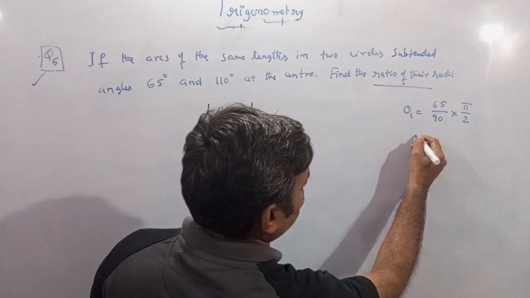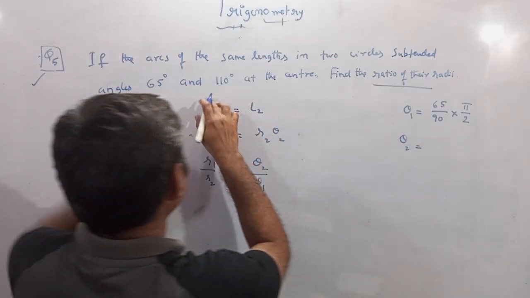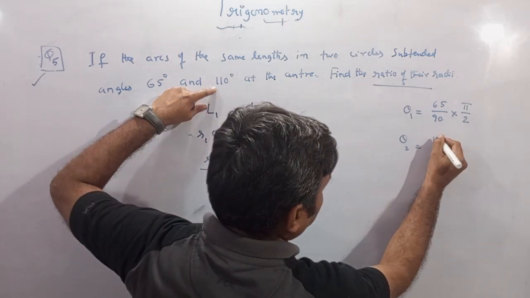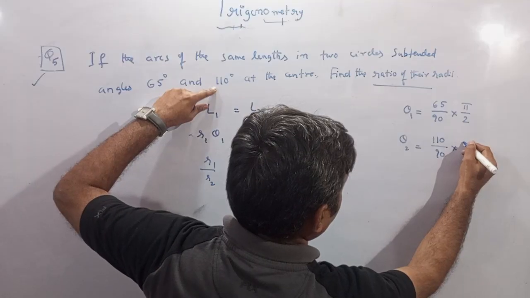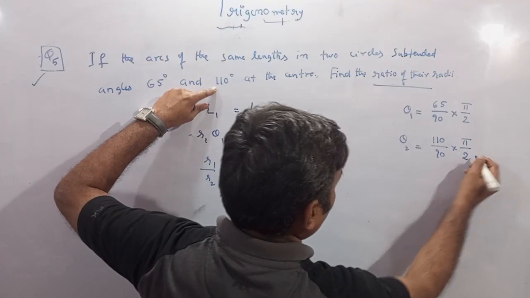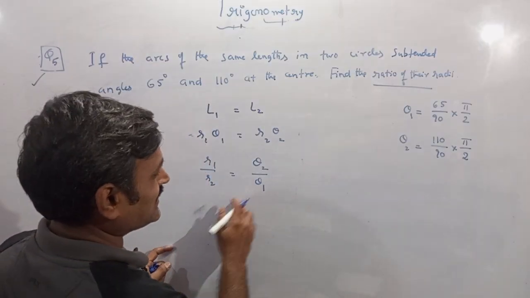Okay, so this is the theta 1 answer. What about the theta 2 answer? You take the degrees divided by 90 into pi by 2. So you substitute these two things here to get the answer.